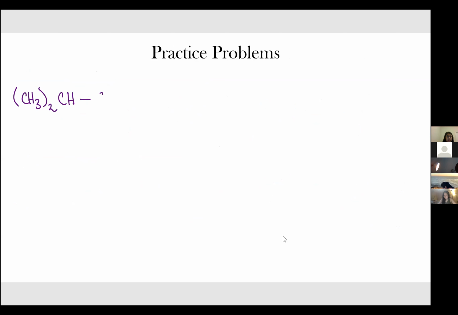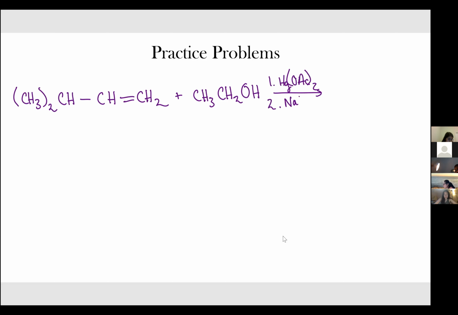I want you to take this alkene and this alcohol, and then do the alkoxymercuration reduction: Hg(OAc)2 and then NaBH4. I'll give you about a minute to come up with the product.